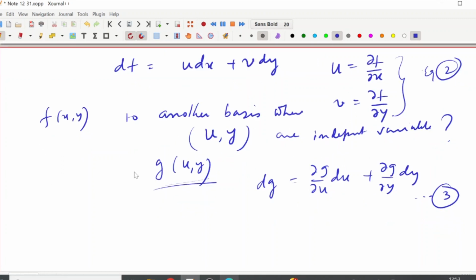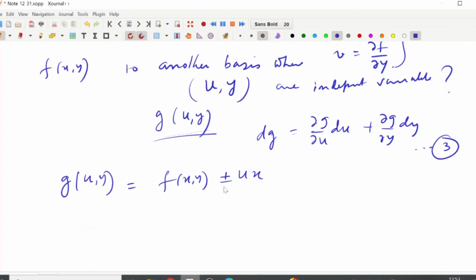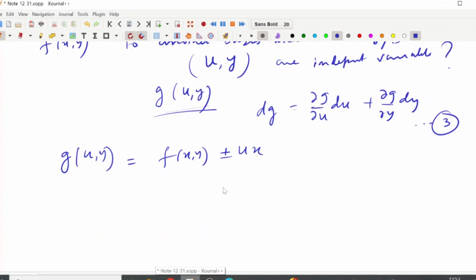Now, the Legendre transformation says that I can go from the xy basis to the uy basis in this formulation. So, g(u, y) will be f(x, y) plus or minus u x. The variables which are interchanging should be multiplied. This is the idea, but the sign we will see; it can be plus, it can be minus, but we will try to find it.